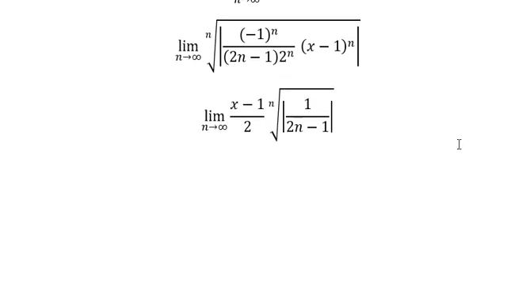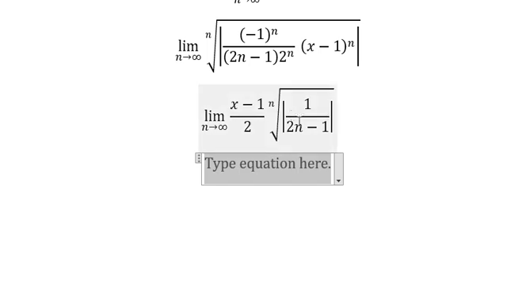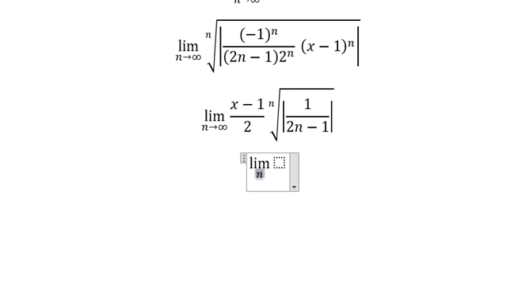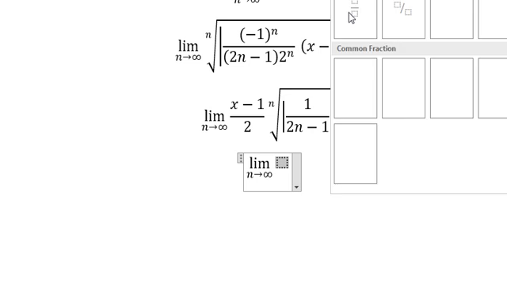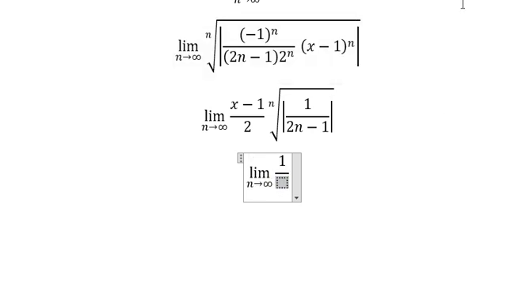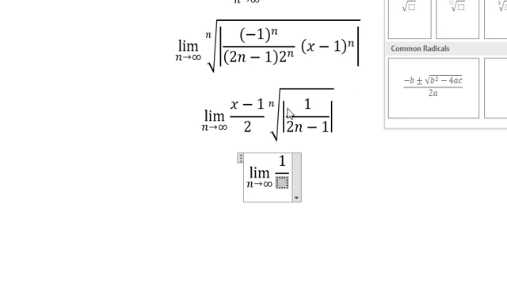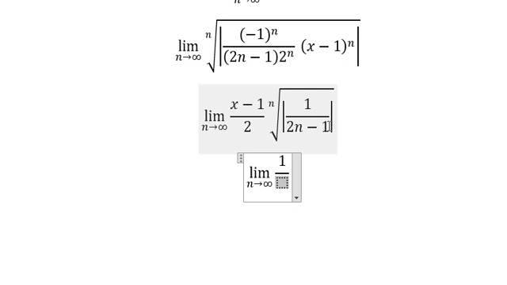Next, I will show you the technique for finding the limit of this one. Because n goes to positive infinity, that means 2n minus 1 is positive. So in this case I will put it like this.